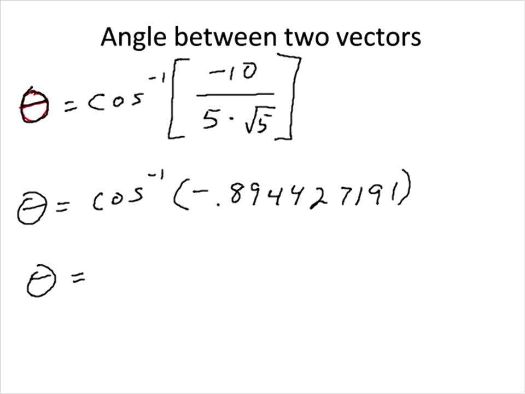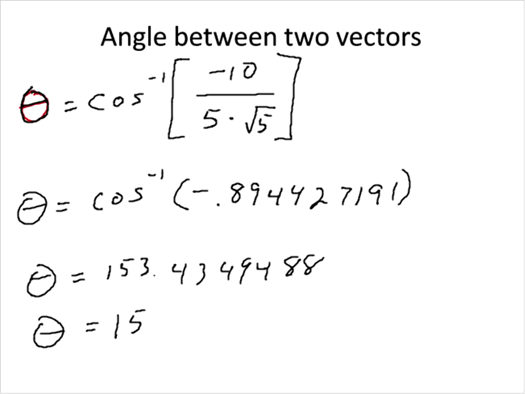So angle theta must be equal to about 153.434948. I'll round that to the nearest tenth of a degree and get 153.4 degrees. That is the angle between the two vectors A and B.